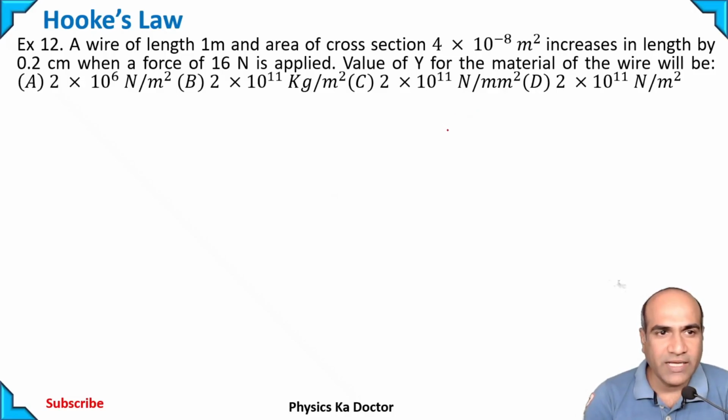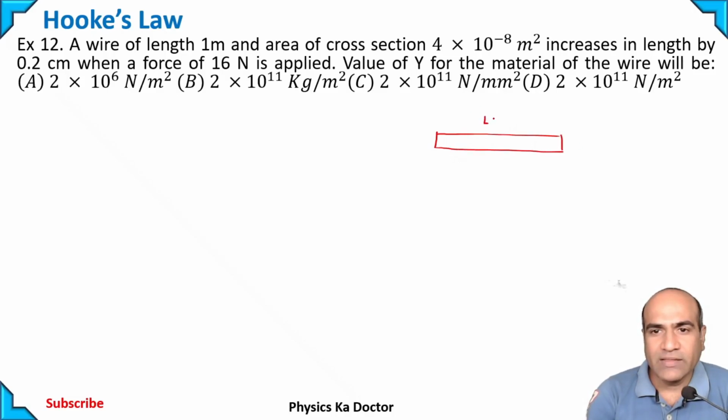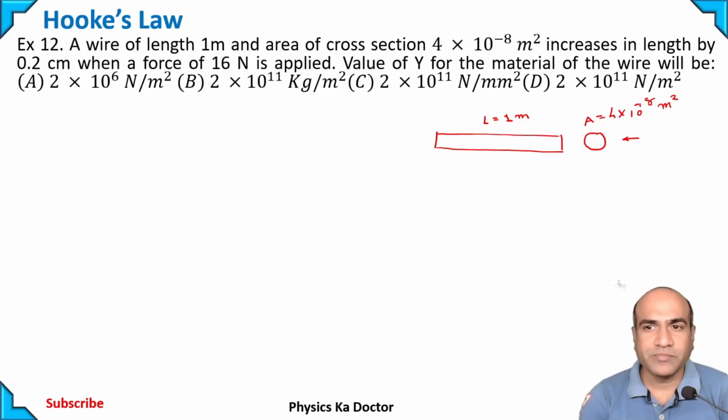See, the given data is like that. One wire is given, say for example this is our wire, having a length of 1 meter, and the cross section area, if you see from this right hand side, is given as 4 multiplied by 10 power minus 8 meter square.